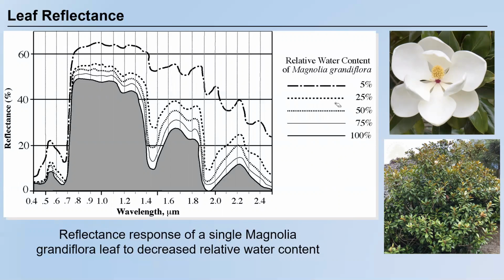And you can see that when the water content increases from 5% to 25% to 50% to 75% to 100%, which is very extreme, the reflectance within all bands, within this whole spectrum, decreases dramatically.